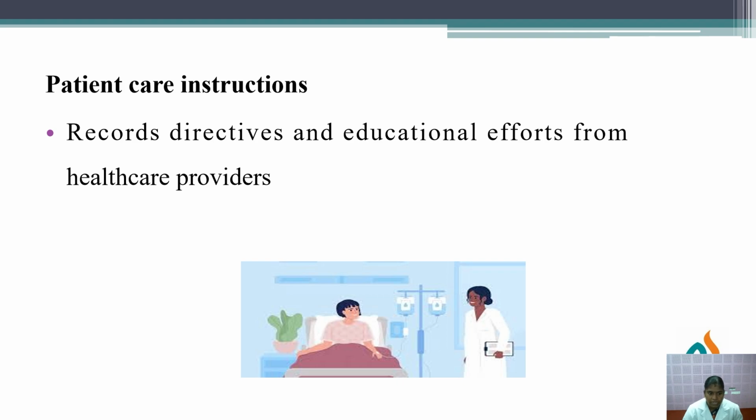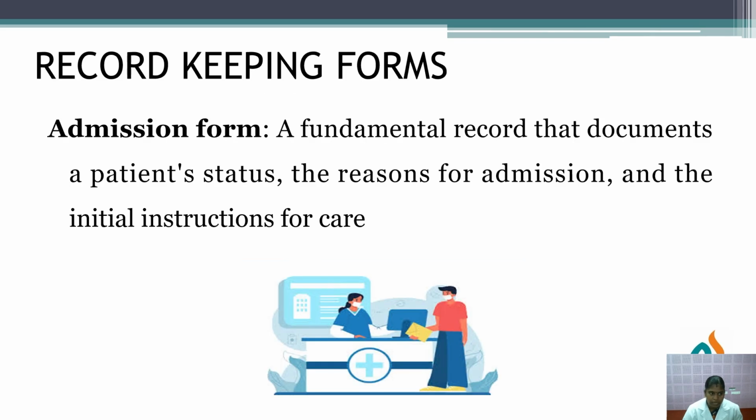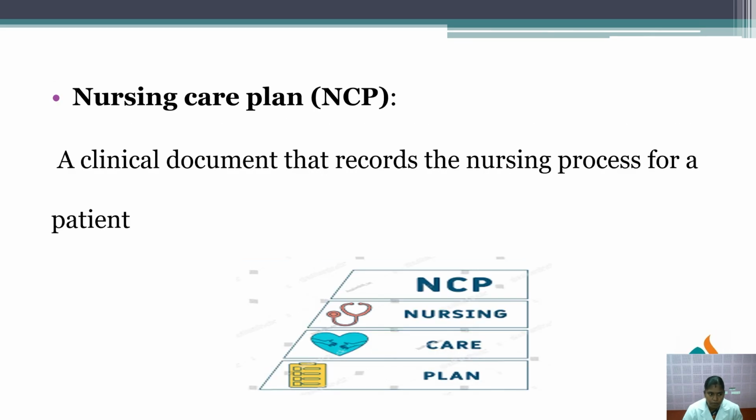It includes directives and educational efforts from healthcare providers. And record keeping forms. It includes admission form and nursing care plan, NCP. Nursing care plan is otherwise known as NCP.